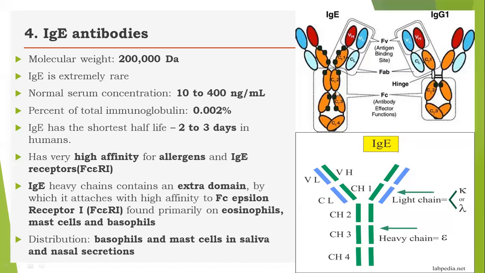From here, you will see that it has an additional constant region compared to the basic Ig molecule. In terms of the heavy chain, it has three heavy chain units in its constant region, compared to the standard immunoglobulin class, which has two.